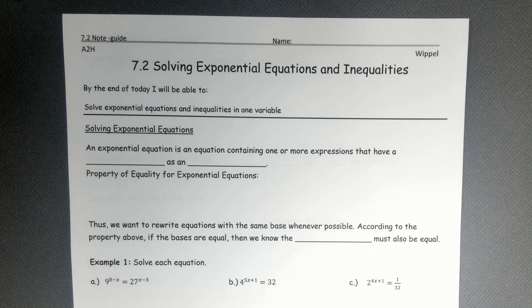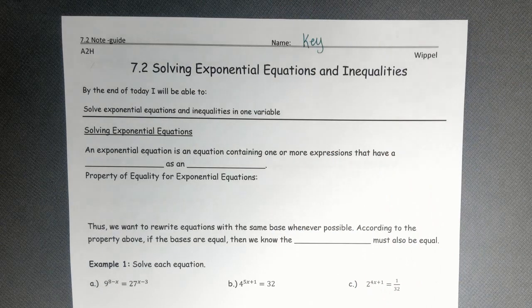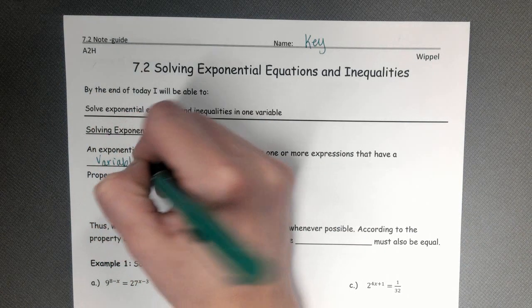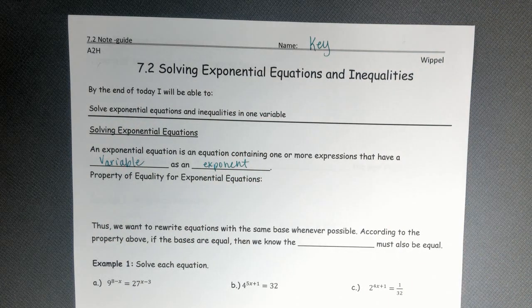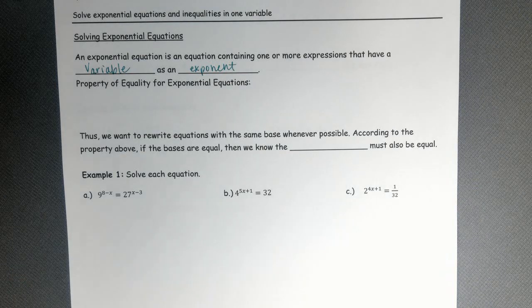We are going to solve exponential equations and inequalities that have one variable in them, and it is going to be based on some fundamental properties. If you have an equation that has a variable as an exponent, there is a special property that we can use to set up another equation.